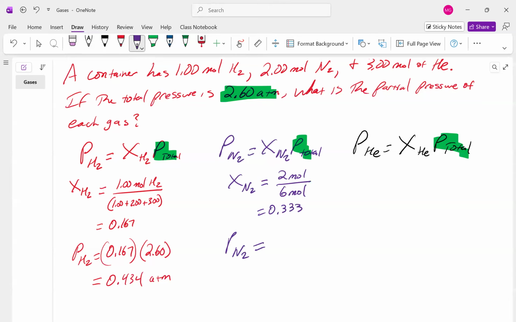So the partial pressure of nitrogen is its mole fraction times the total pressure. And that comes out to 0.867 atmospheres.